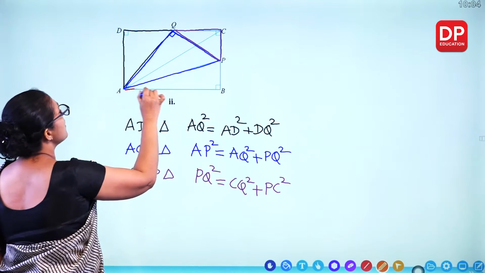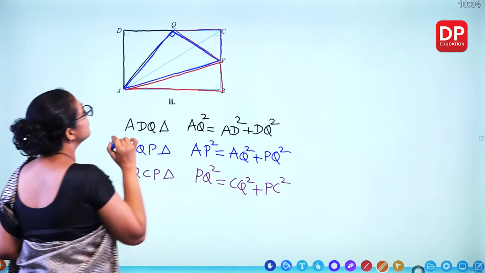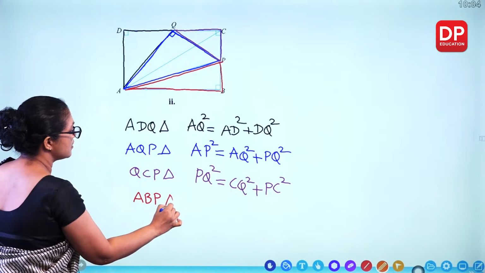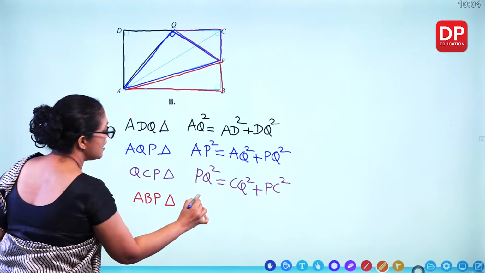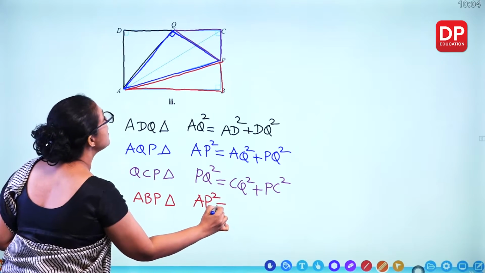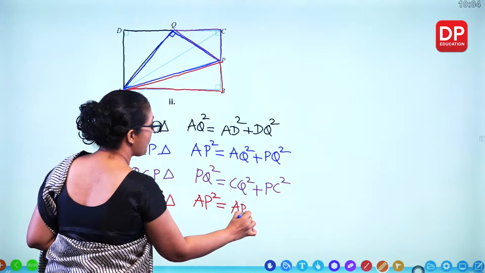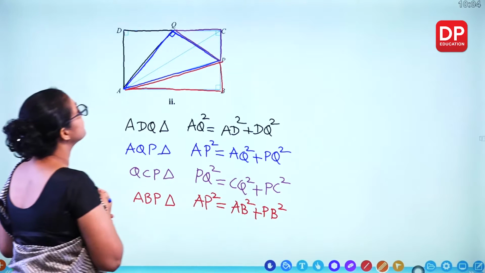Okay, look at this one. ABP triangle. So B is the 90-degree angle. So AP is the hypotenuse. So AP squared is equal to AB squared plus PB squared.